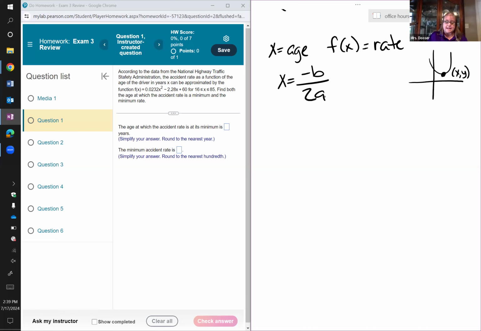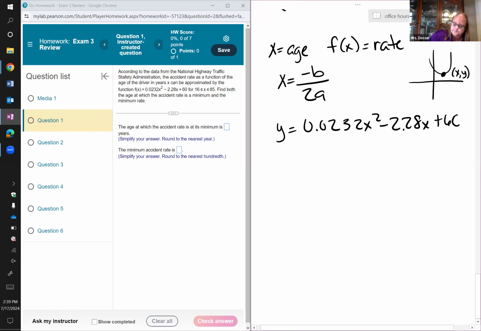In this case, the b and the a come from our quadratic equation, y = 0.0232x² − 2.28x + 60. The a is the leading coefficient, and the b is what's multiplied by the x. And so we plug those in.